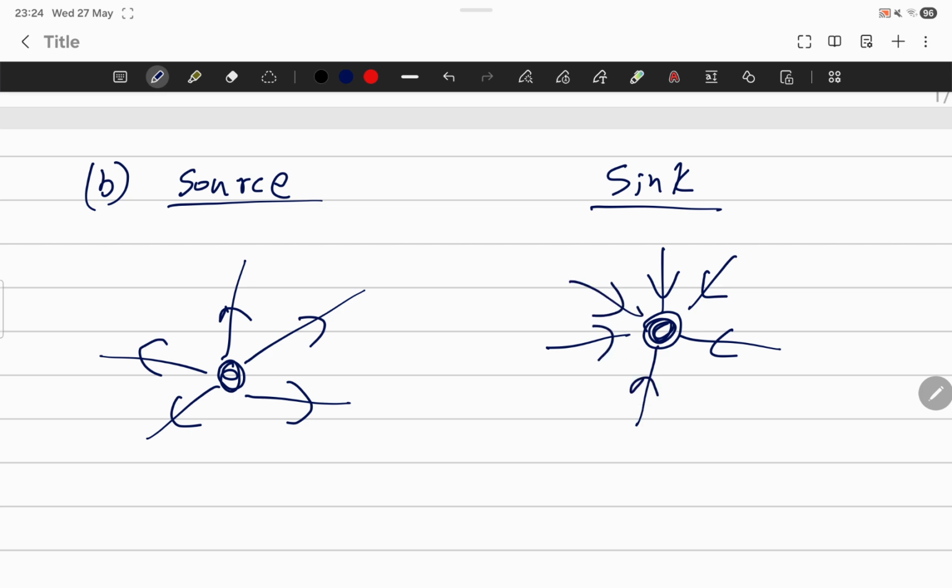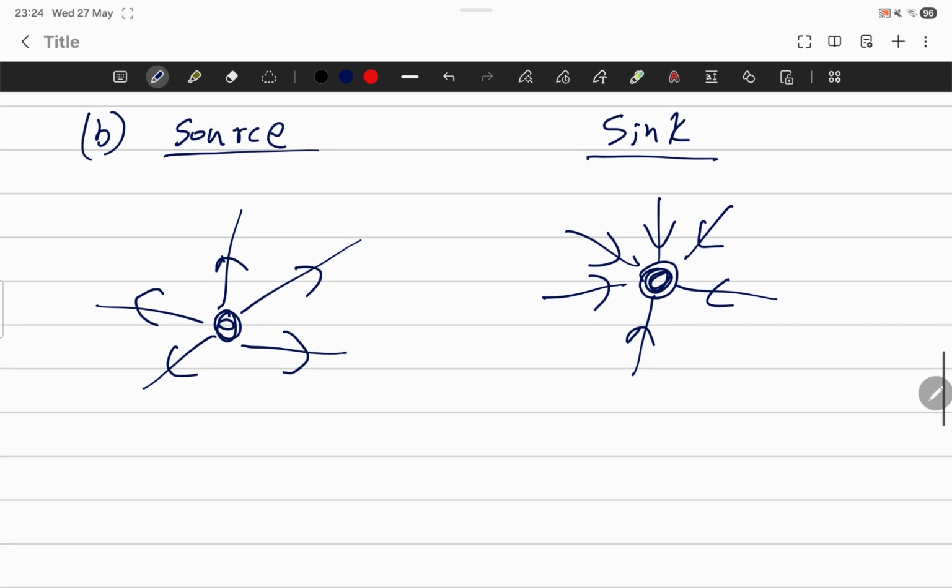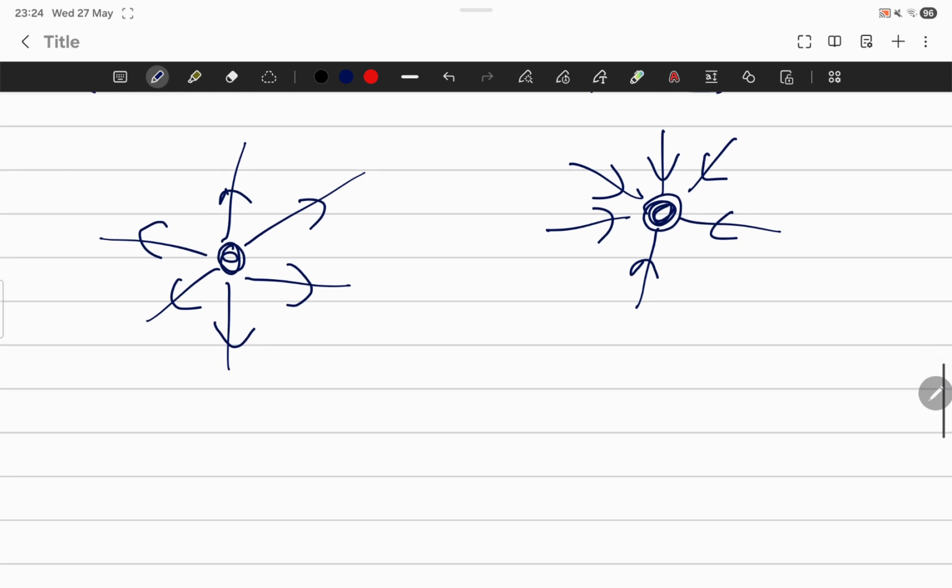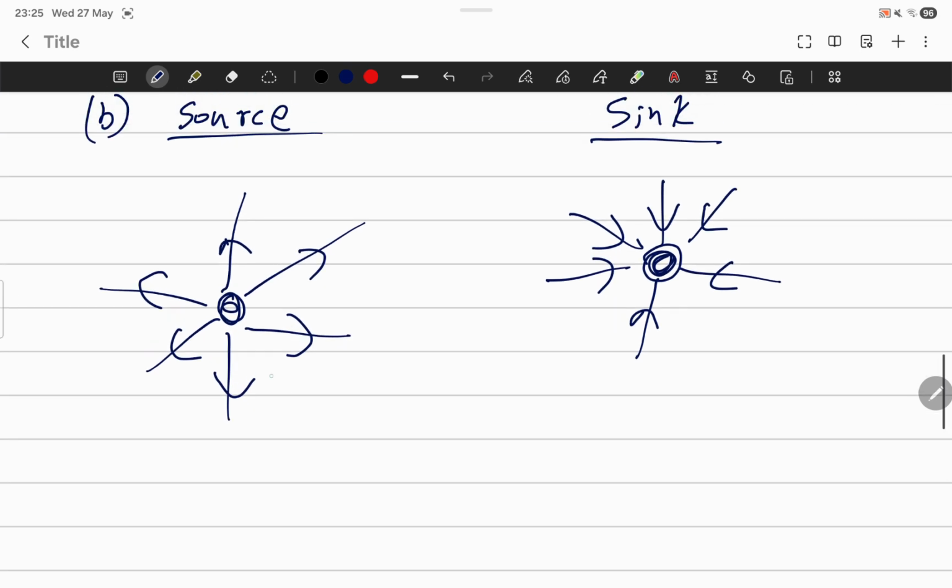So this is a sink, this is a source, right? It is the difference. So let's say this strength is m and this strength is m. This should be positive and this should be negative, right? This is the sign convention, right?